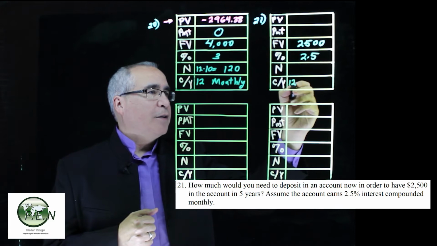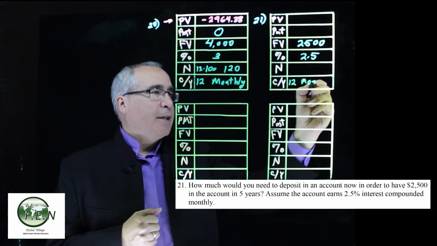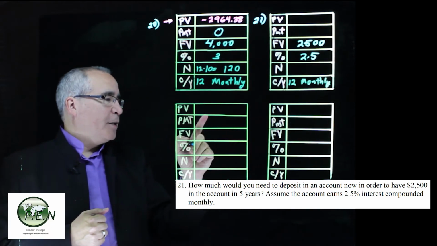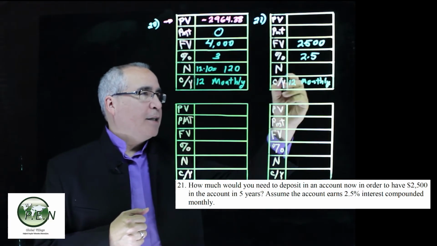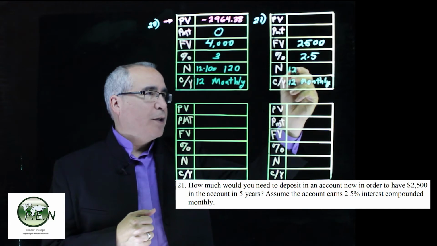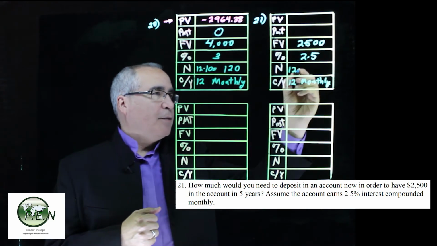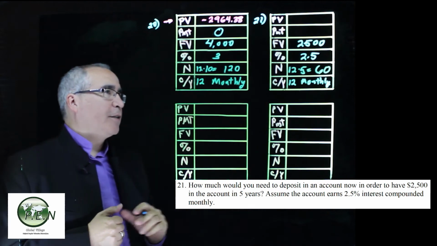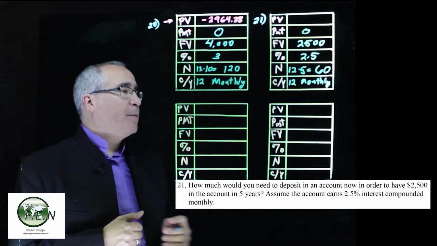So monthly is 12 or monthly. And then the number of periods, we have to take the compounding frequency of 12 times a year times 5 years to come up with 60 as our number of periods. No payments are going to be made.